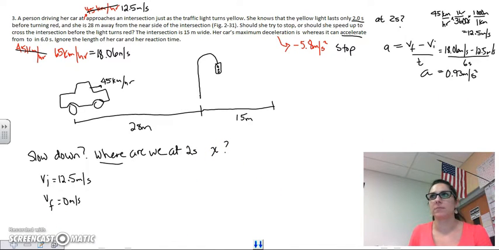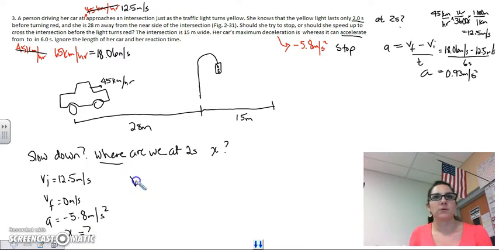So without the time, let's see where we are. If we start right here and stop, how far did we go? Because we are fixed with this acceleration right here. Now I'm using a deceleration, just like this, 5.8. So where are we? I don't even need the time. Let's figure out where we are.